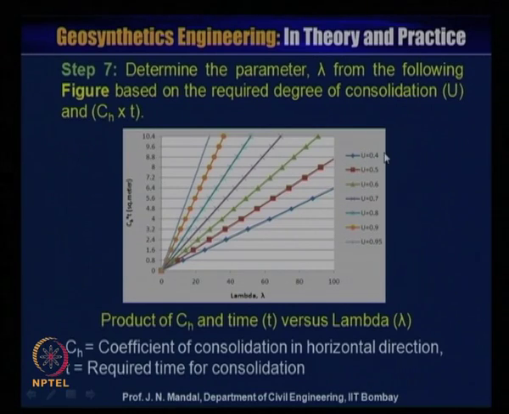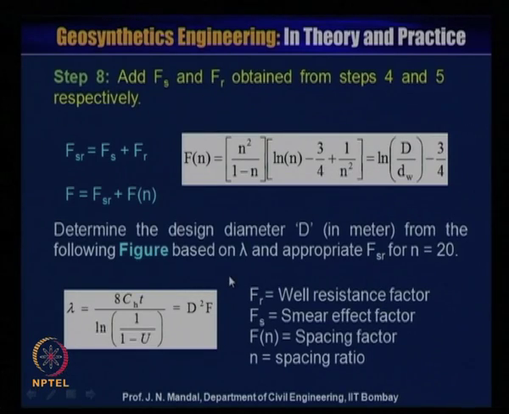U values may be 0.4, 0.5, 0.6, 0.7, 0.8, 0.9, 0.95. Ch is the coefficient of consolidation in the horizontal direction and t is the required time for consolidation. Knowing U and Ch into t, you can determine the lambda value from this design chart.